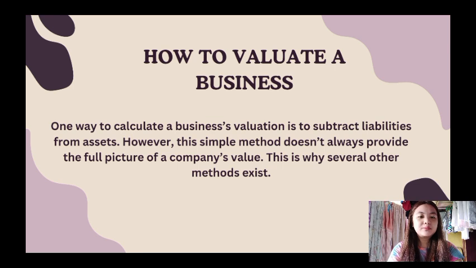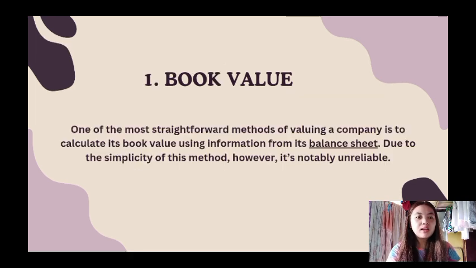Here's a look at 6 business valuation methods that provide insight into a company's financial standing, including book value, discounted cash flow analysis, market capitalization, enterprise value, earnings, and the present value of a growing perpetuity formula. First is book value.